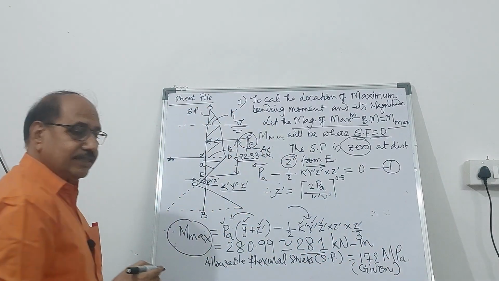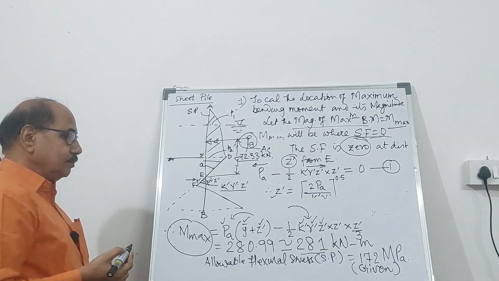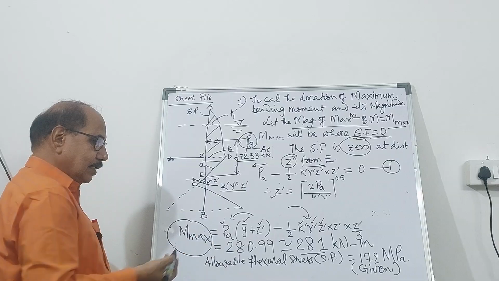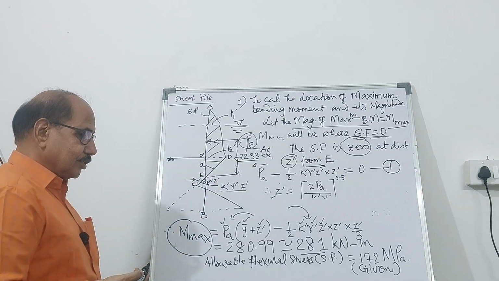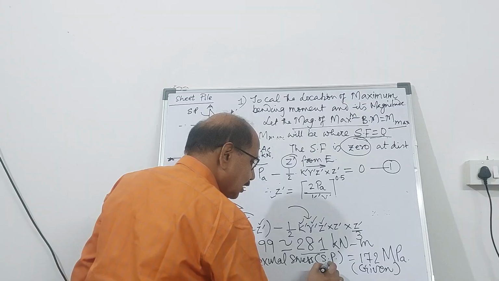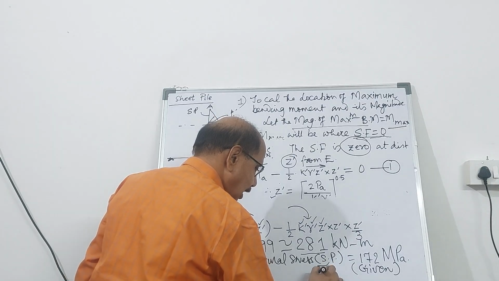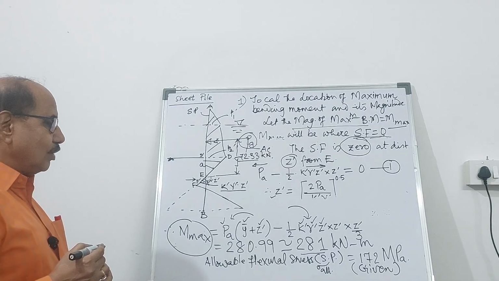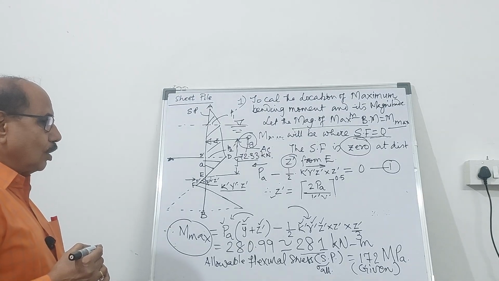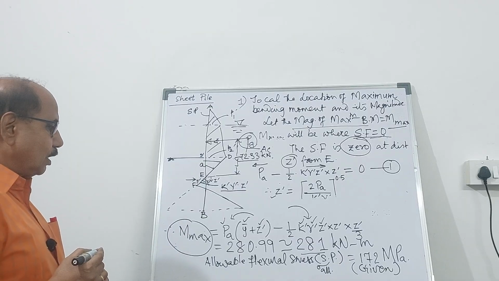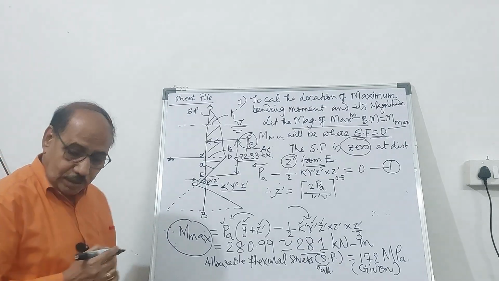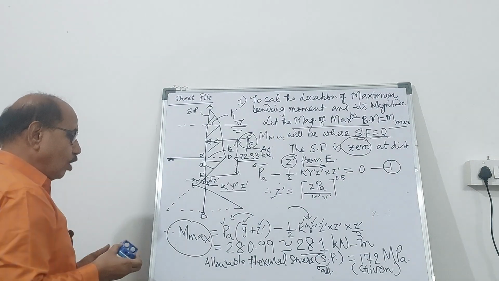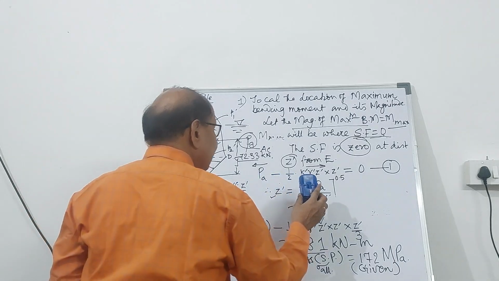You can always, depending upon the type of the material, find out the allowable flexural stresses, which is called sigma allowable. So sigma allowable is 172. Now, how to calculate the section modulus? It is very simple now.